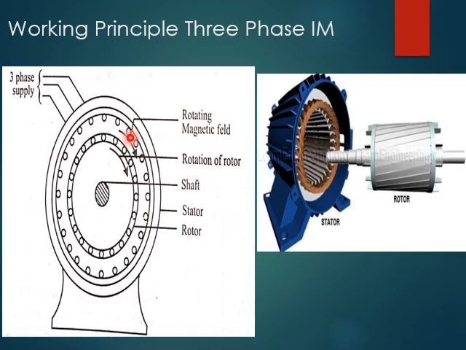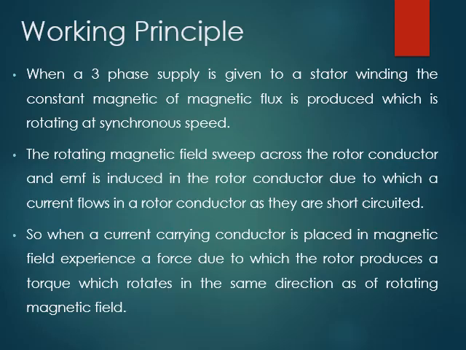Hence, no EMF will be induced in the conductor. So the rotor will always rotate at a lower speed compared to the RMF speed, that is the synchronous speed of the magnetic field. So this is the explanation of the working principle, right?